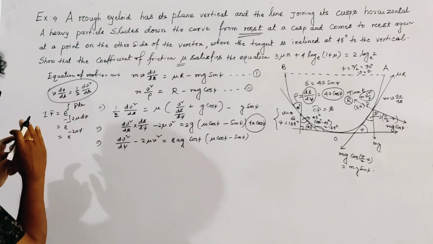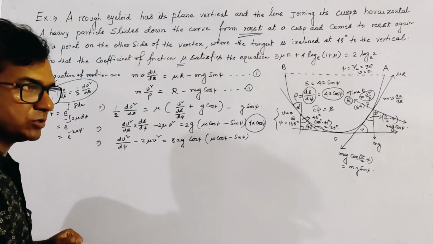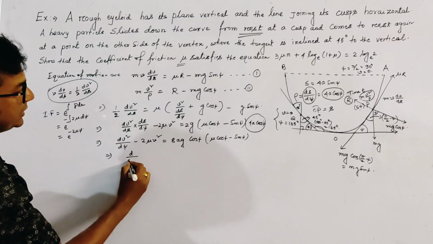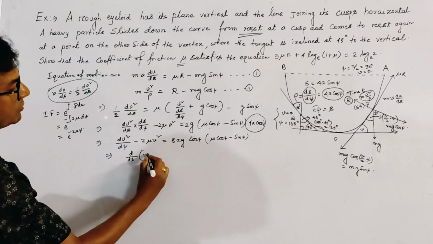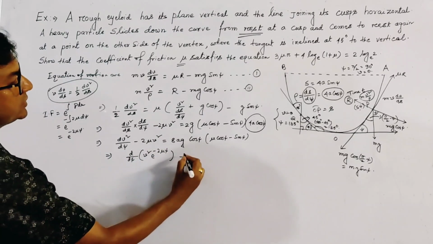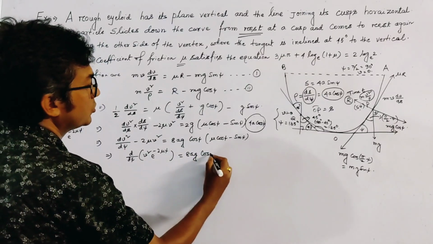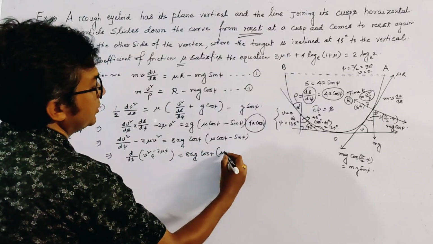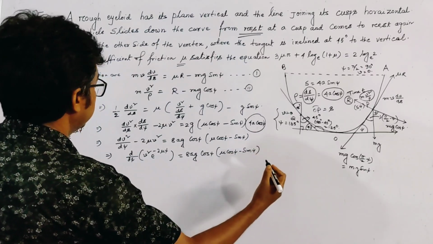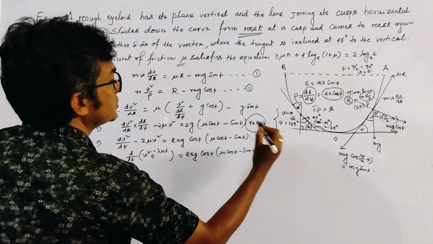Now by multiplying the integrating factor on both sides of this equation, we write this equation as d by d psi of v square e to the power minus 2 mu psi equal to 8ag into cos psi into mu cos psi minus sin psi into e to the power minus 2 mu psi.